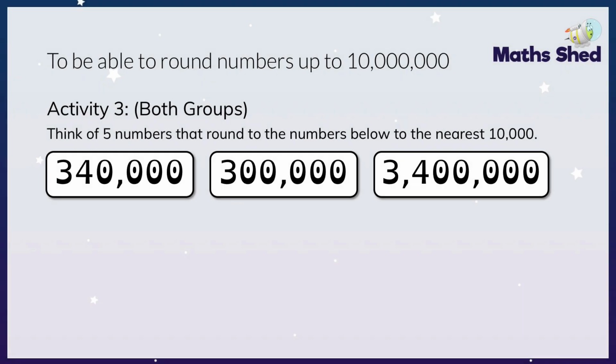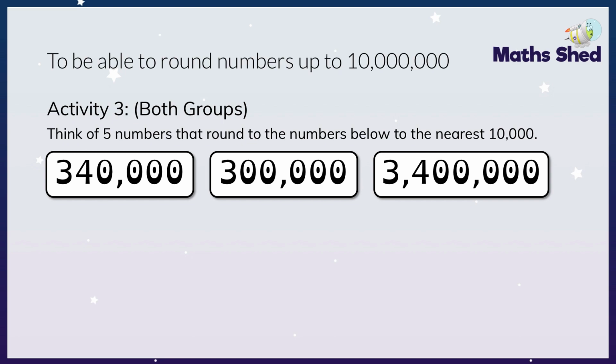So the first one, if I'm looking here, for example, oh, the screen got brighter. I don't know if you can see that. If we look here, for example, the 10,000s column has a 0 next to it. So I've looked at the 10,000s, I've looked next to it, it's 0. So 340,000. If I know that I'm rounding that to the nearest 10,000, I'm thinking, what's the lowest it could be? Well, I'm thinking 335,000, that sort of area.